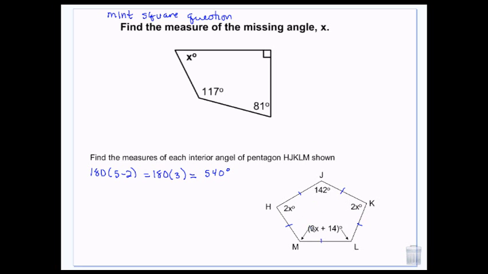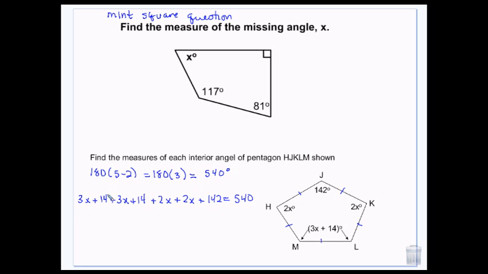Okay, each of these will add up to 540, but you see how these are both 3x plus 14? So I have to do that twice. Okay, so that's twice. And then I have a 2x, another 2x, and 142. All of that together will equal the 540.